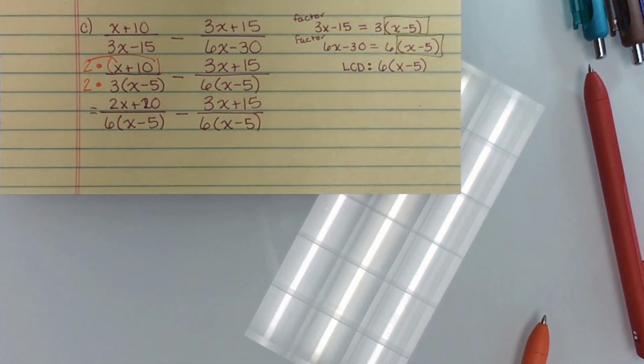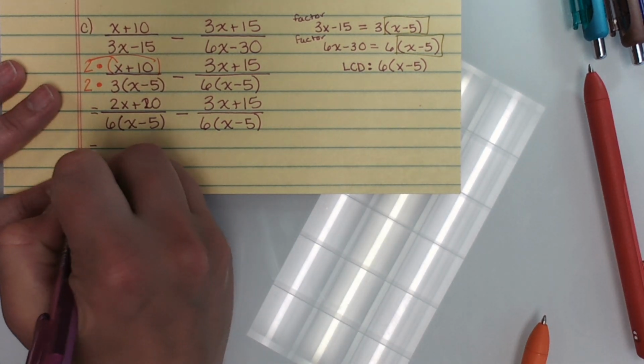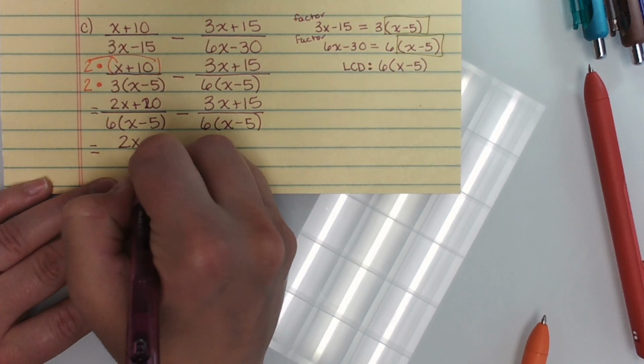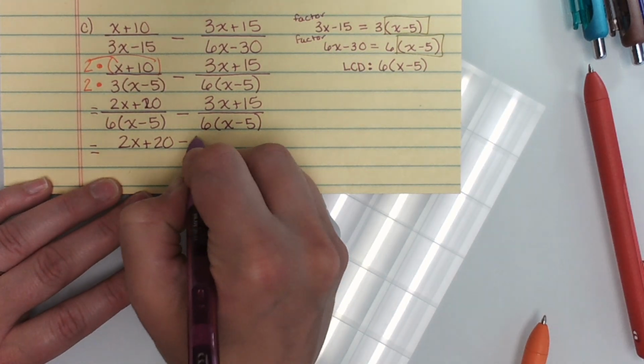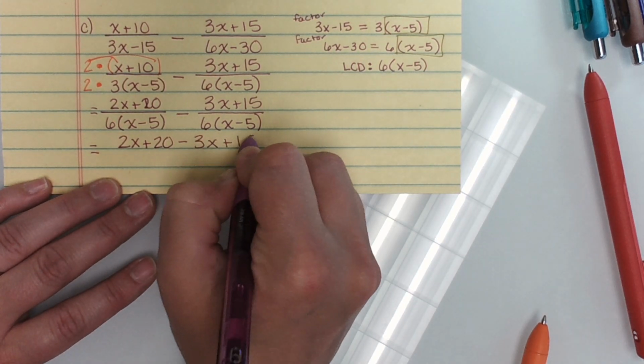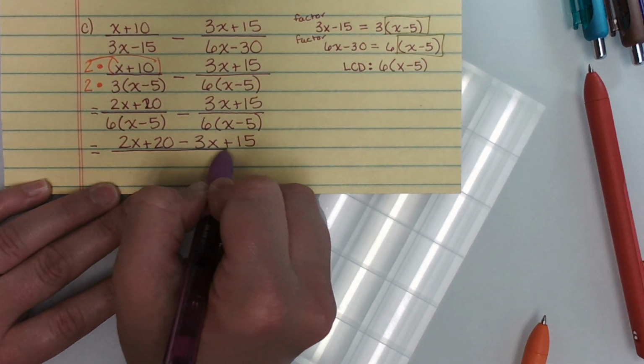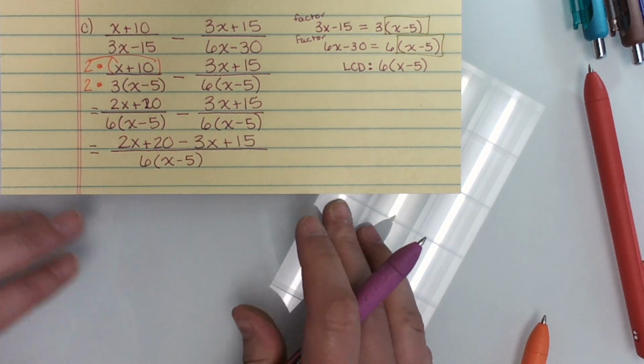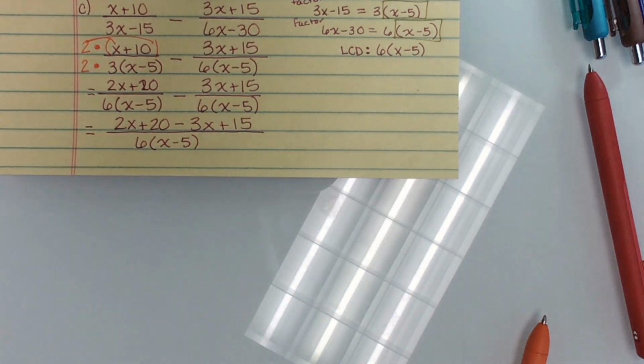Once you have the least common denominator, then you may subtract. Get the least common denominator. Then do the adding and subtracting.